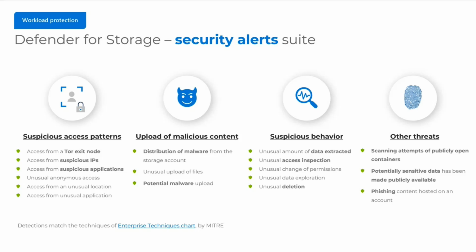So those are detections like malware that has been uploaded to the account, maybe misconfigurations in the container's access levels, hosting phishing campaigns, if it's actually hosting phishing campaigns on the account, any access from suspicious applications or IPs or Tor exit nodes, any successful and failed attempts to scan publicly open storage containers for sensitive information, and more.